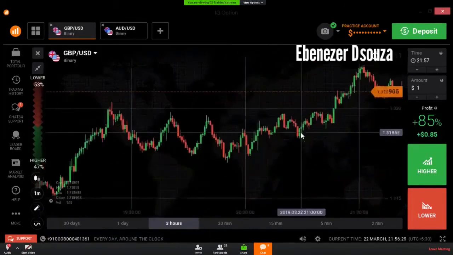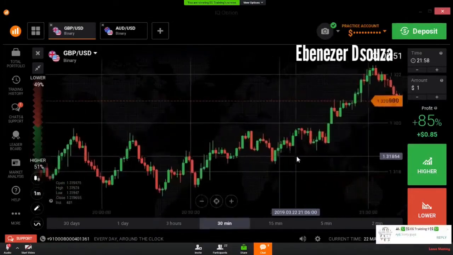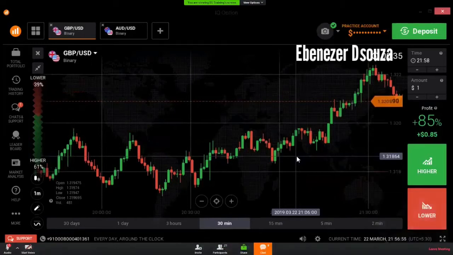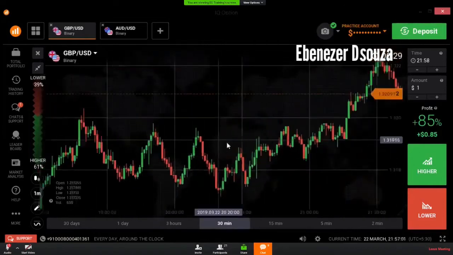Okay, buyers area and sellers area is nothing but support and resistance level, SNR levels. If you know about SNR strategy, you will get this point. Okay, I will show you now.